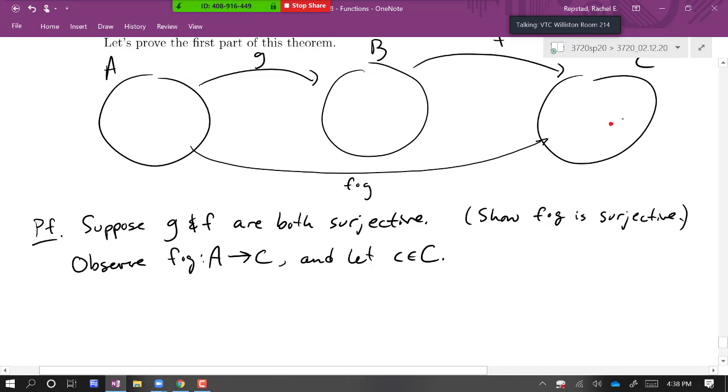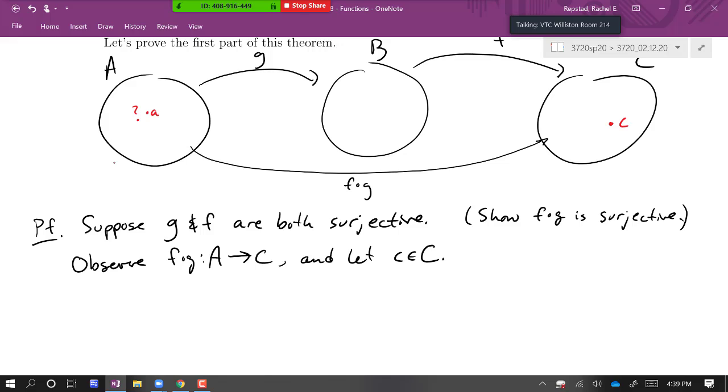There's our element in C. I'm going to put a little question mark by it because I can't say it yet, but I'm hoping there's an element over here in A that maps to it under f of g. I can't say that quite yet, but I do know that g and f are both surjective.